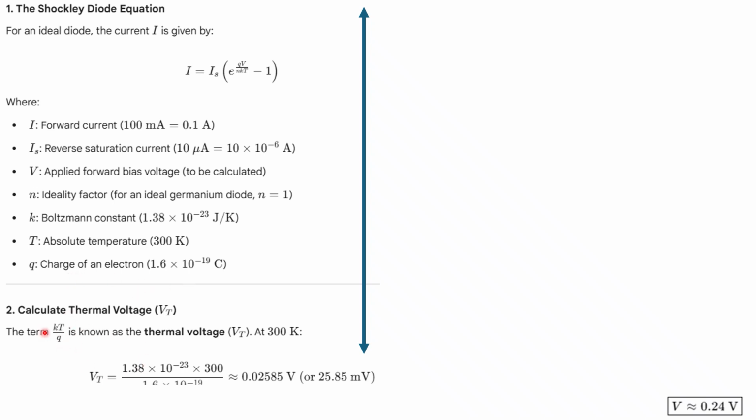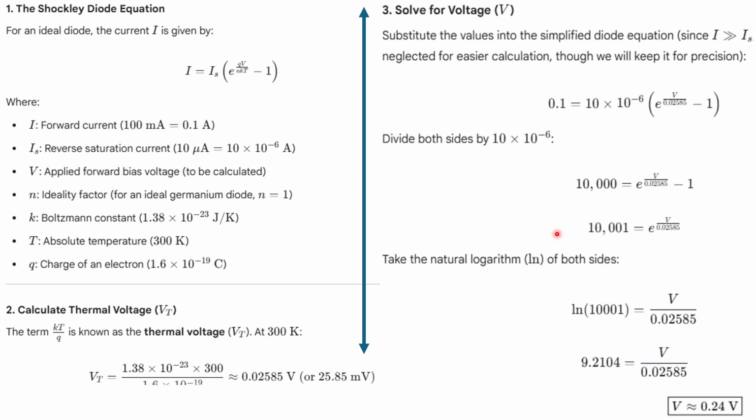First we find the thermal voltage, kT by q, whose standard value is 25 millivolt. After getting that, V is unknown, and you already know Vt, which is 25 millivolt.